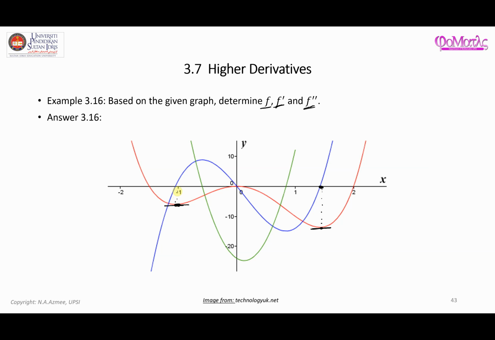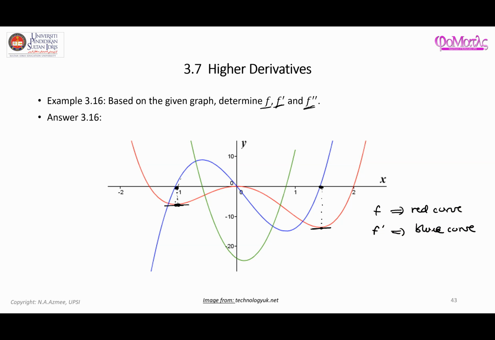So therefore, at this point, we will expect to have point 0. And this point 0 is again situated on the blue curve. So clearly the blue curve here is the derivative of the red curve. Now I can see that f function is represented by the red curve, and the first derivative is given by the blue curve.